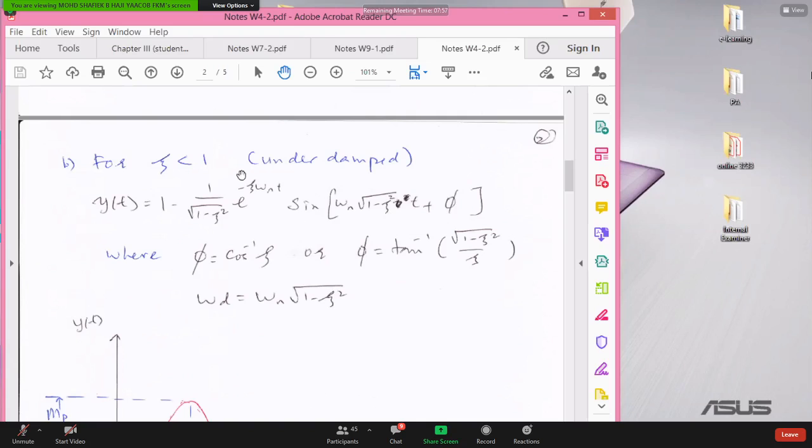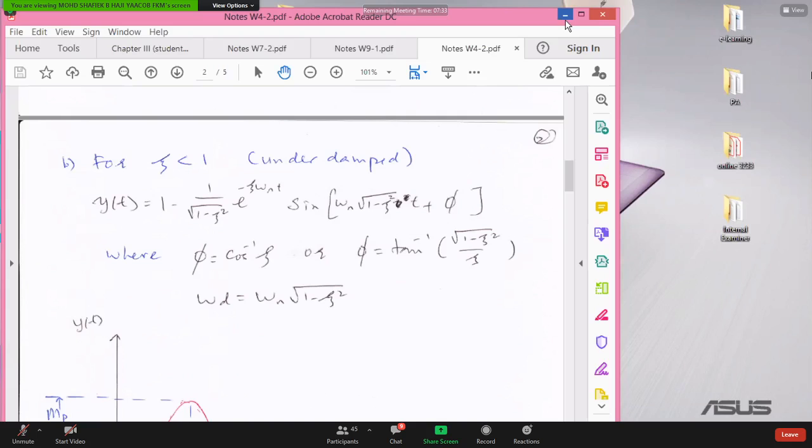So the real part of the root gives the time constant, and omega d is the imaginary part of the root. How convenient is that? And we can compute zeta from the ratio of the real part of the roots to the imaginary part of the roots.